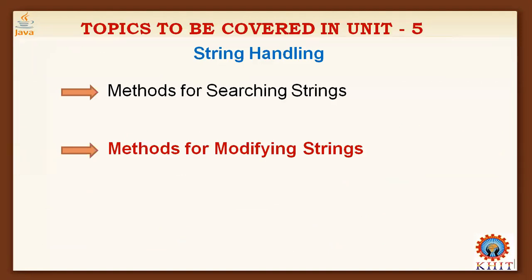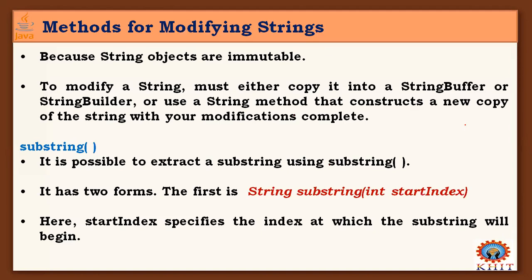Next, coming to the methods for modifying strings. Here I want to make sure that, because we call string objects immutable, right? And here we're going to get some clarity about why string objects are not modifiable, not changeable, that is, immutable objects.